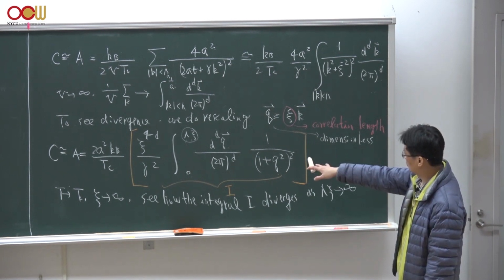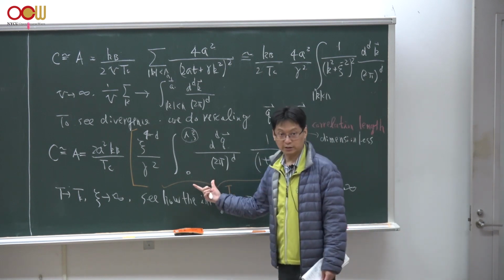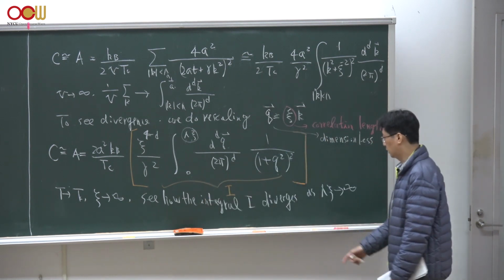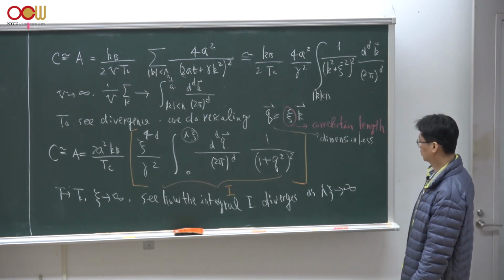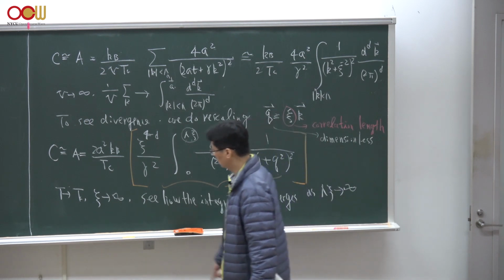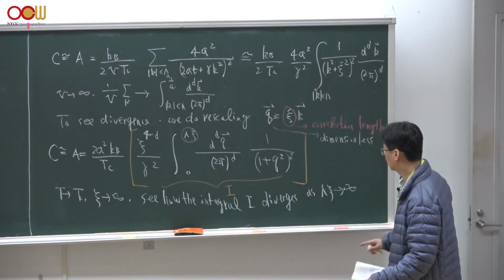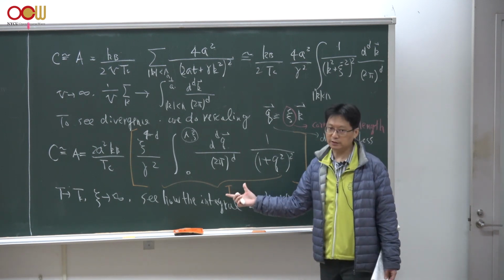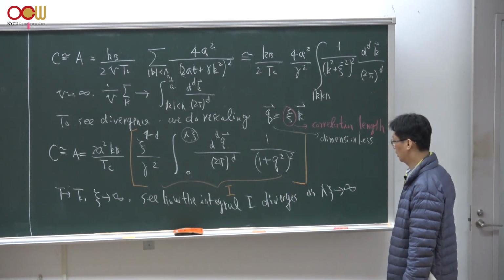So we should focus on how this bracket integral, which I define as integral I, diverges as we get close to the transition temperature where the correlation length diverges. We should monitor how the thing inside the bracket diverges at the transition. That's our job to check.